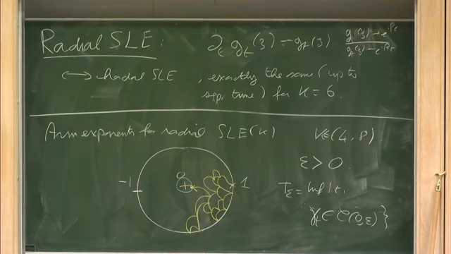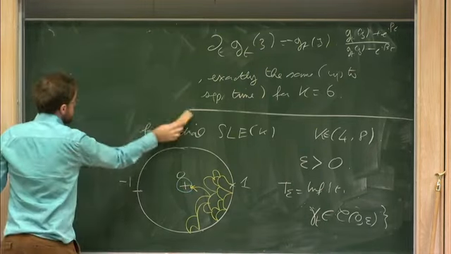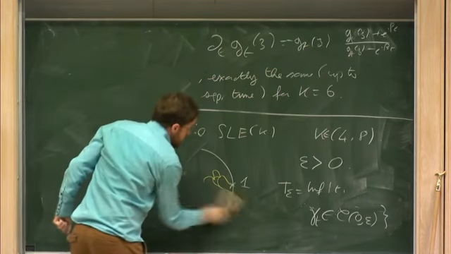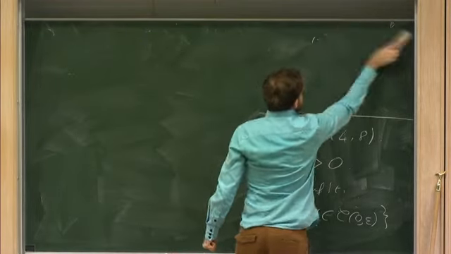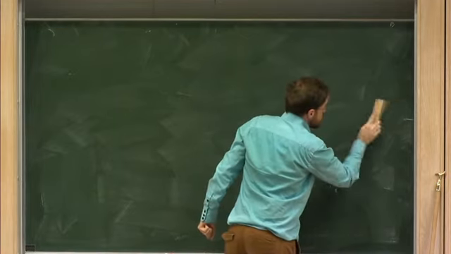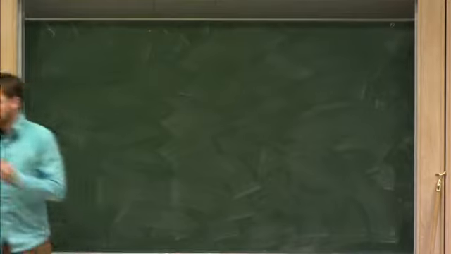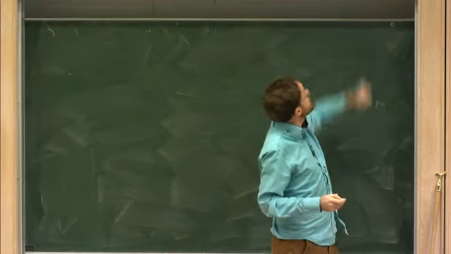Okay, so now the rest of the route is very classical. It's some kind of Feynman-Kac formula, or something like that. So we have this process yt. It lives in an interval, and we want to compute the probability that it survives without touching the boundary for a given time. And this given time is going to infinity as epsilon goes to 0.